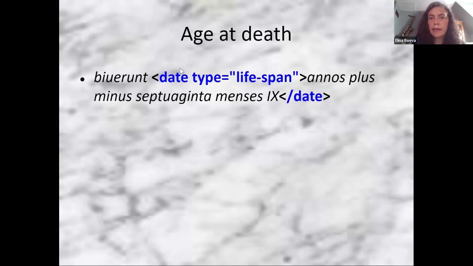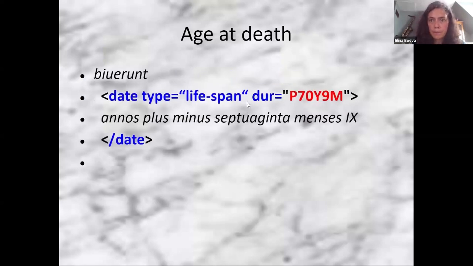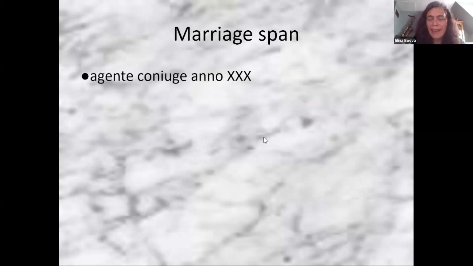And here we encode all these, annus plus minus, Septuaginta menses, within the date element. This doesn't work for sure. For this, I'm sure that it doesn't work, so I'll just keep it.